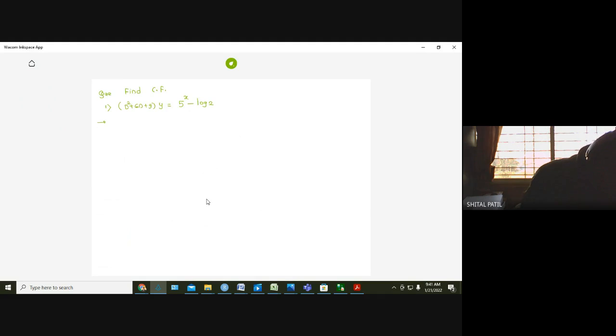It should be find the PI, particular integral. Hope you remember the difference between PI and CF.